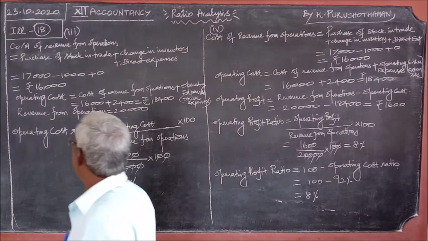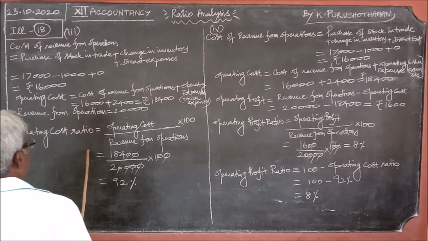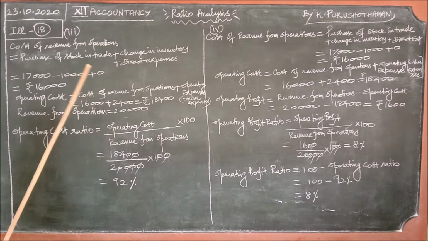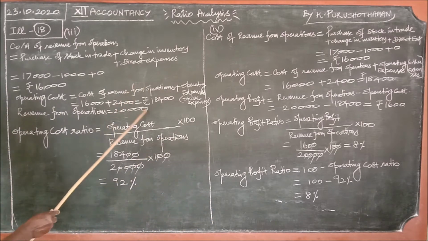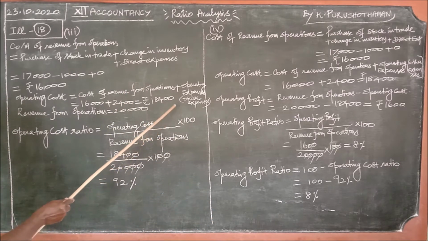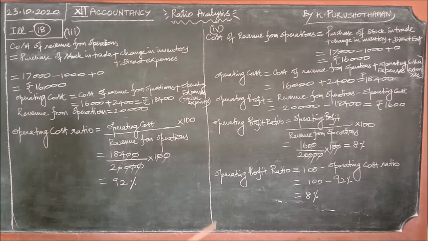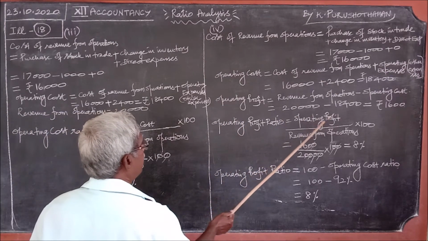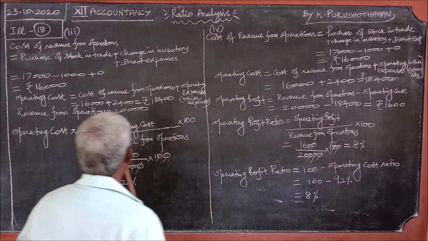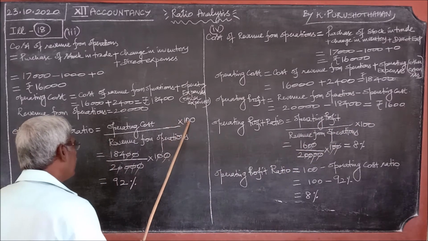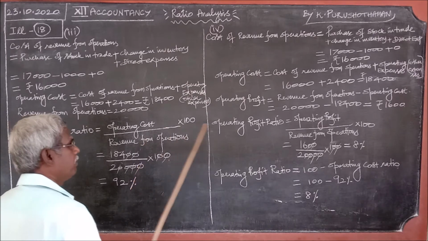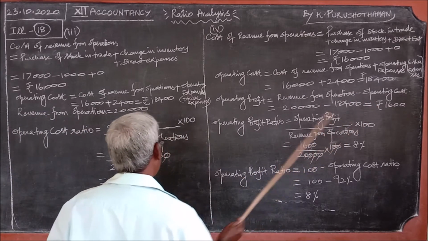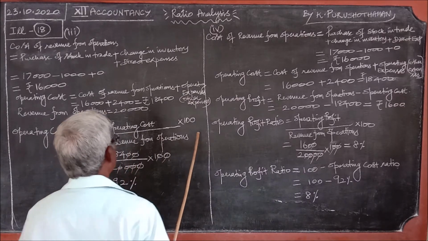What is operating cost ratio? What is operating profit ratio? Operating cost ratio is operating cost by revenue from operations into 100. Operating profit ratio is equal to operating profit by revenue from operations into 100. You can see the denominator is revenue from operations and the multiplier is 100, the same thing in almost all the formulas.